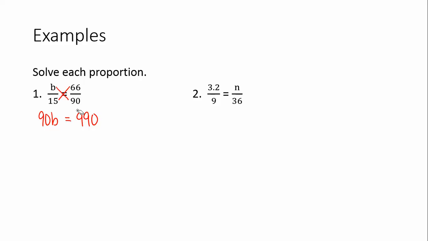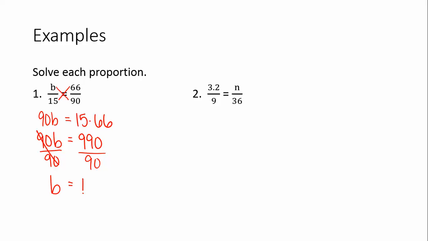For the first example or two, I'll actually write out how I got that, 15 times 66. So we have 90B equals 990. Now we have an equation, and we just need to solve for the variable. So we're going to divide both sides by 90 to get the variable by itself. And 990 divided by 90 is 11. So B equals 11.